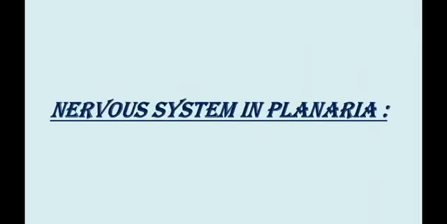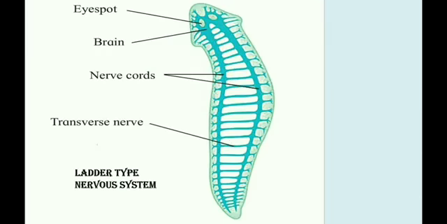Nervous system in planaria. Planaria is a flatworm. It belongs to phylum Platyhelminthes. It is the most primitive animal with a central nervous system located on the ventral side of the body. Now here you will see it consists of a mass of cephalic ganglion.